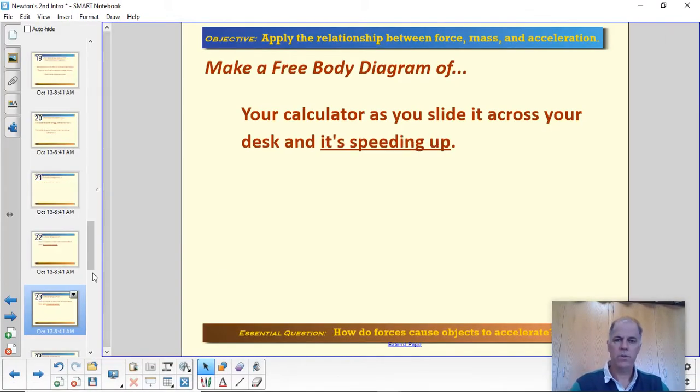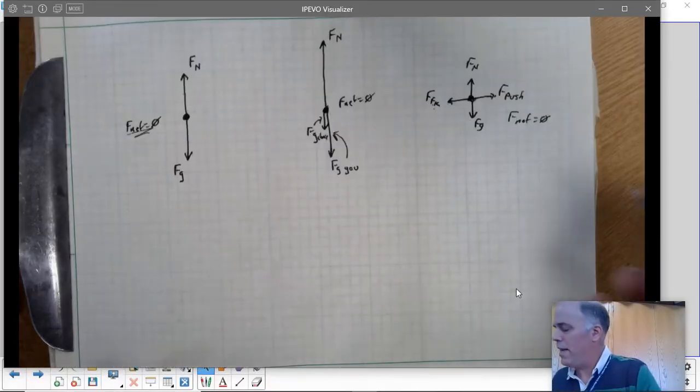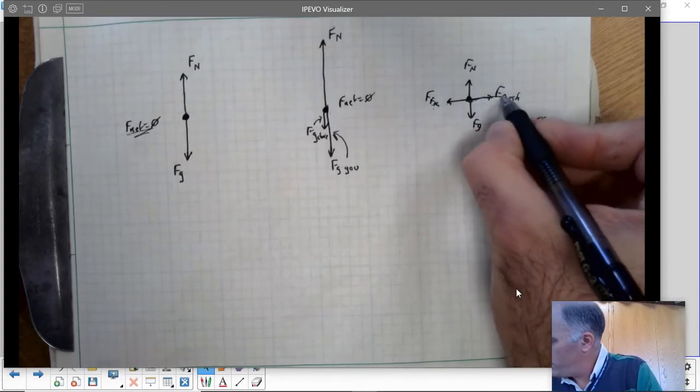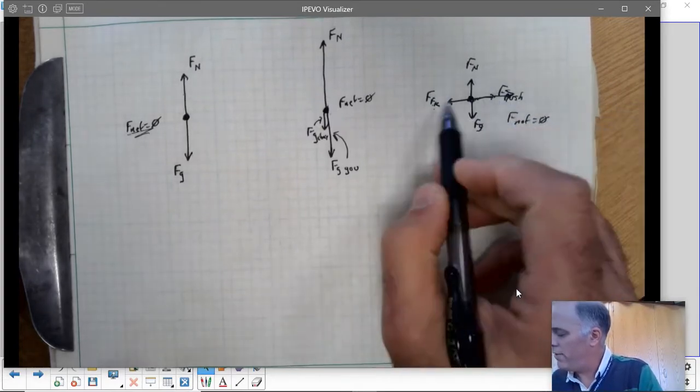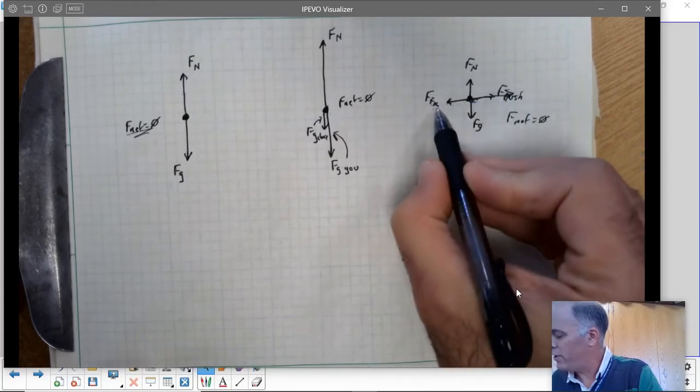Let's go to calculators. You slide it across your desk and it's speeding up. I've kind of given you a hint on this one already, and I'm going to slide right over to the diagram here in 3, 2, 1. If the calculator is speeding up, that means that your pushing force is greater than the frictional force. So this vector will be longer than the friction force.